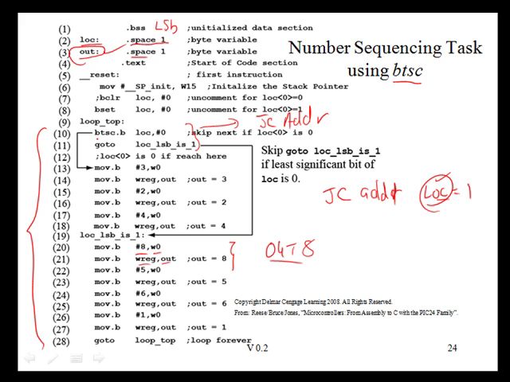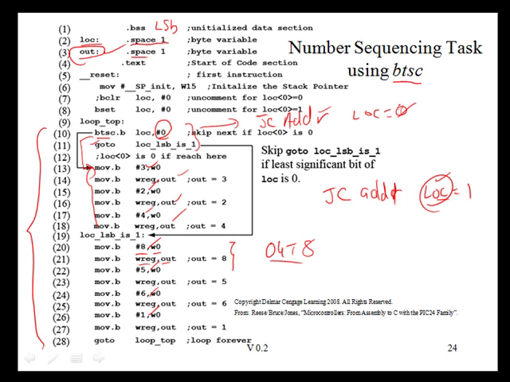We're going to use a bit test skip if clear the least significant bit of loc. This is going to skip this instruction, which is a go to if loc is a 0. Remember that if loc was a 0, this jump was not taken, so we will simply skip the next instruction, and here we will output these 3 digits, our first 3 digits to the output location out, and then we'll output our next 4 digits as well.